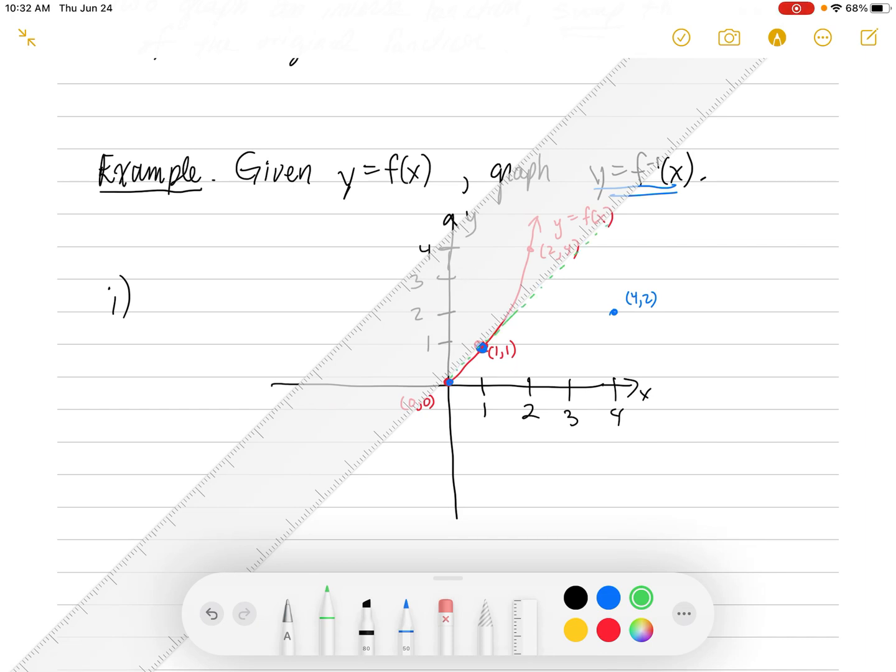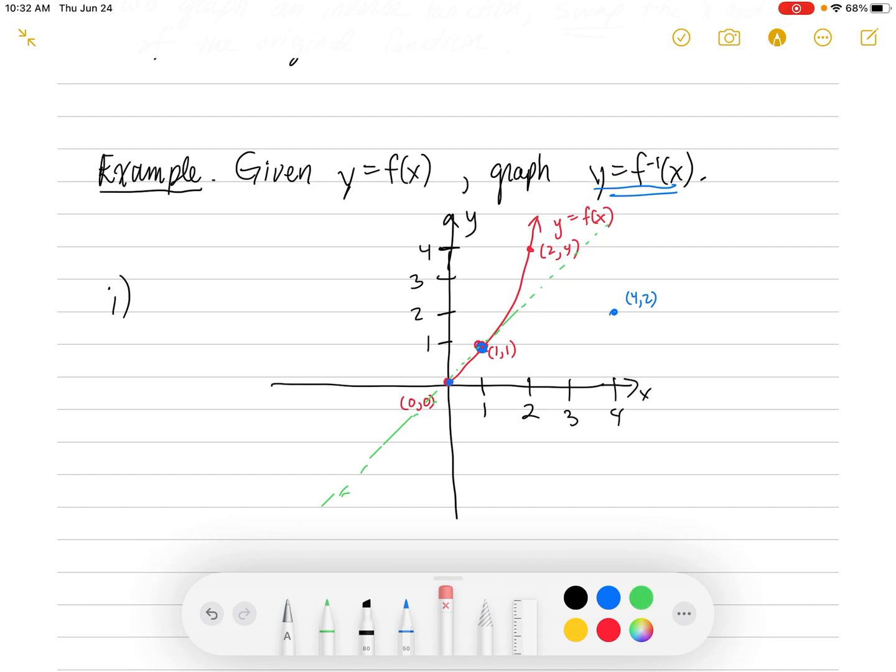Now what happens is you're going to get a mirror image about this diagonal line here. Imagine there's a diagonal line right here. This is the diagonal line y equals x. Basically, I want a mirror image about that from my blue one.